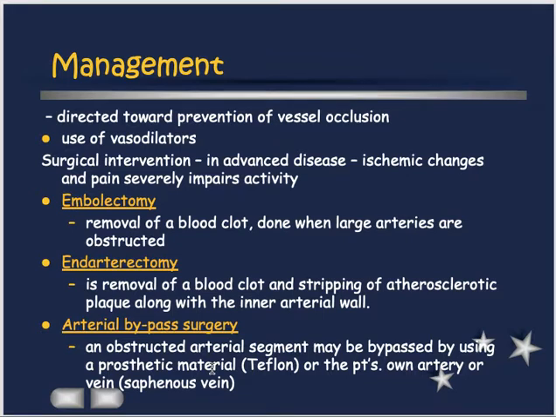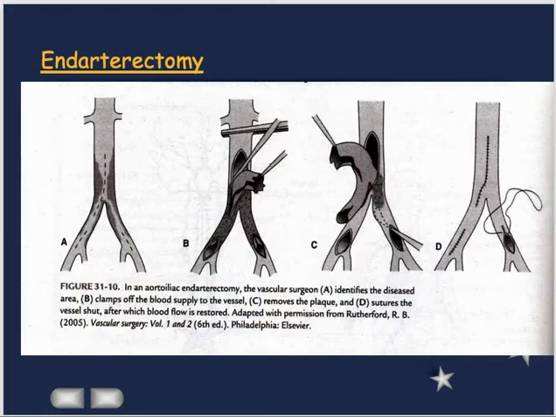Another thing they can do is intra-arterial thrombolysis, in which they give TPA, tissue plasminogen activator. And remember, guys, if the occlusion is complete, and much time has passed, then the tissue can become necrosed.